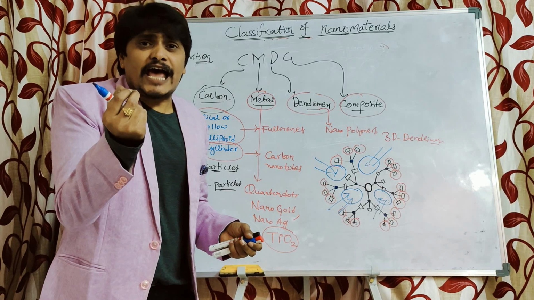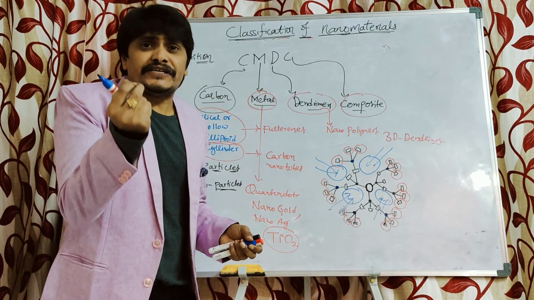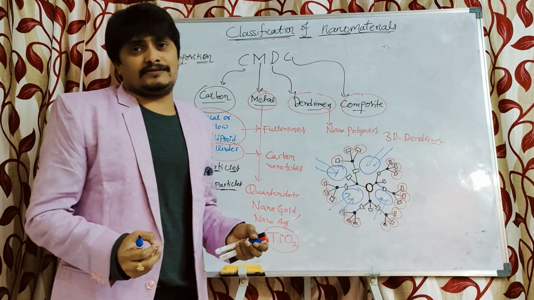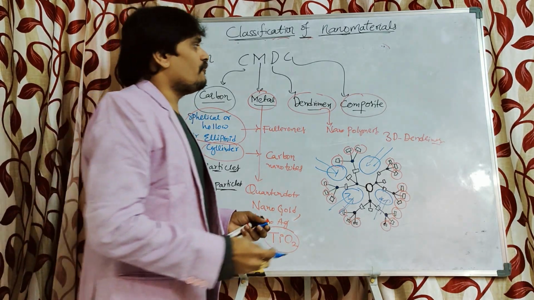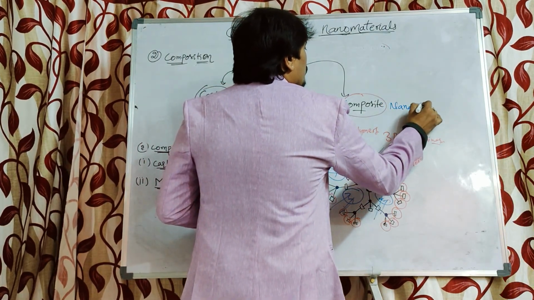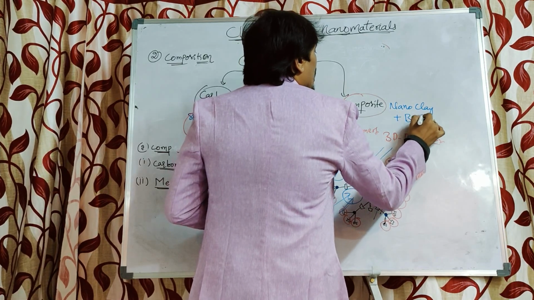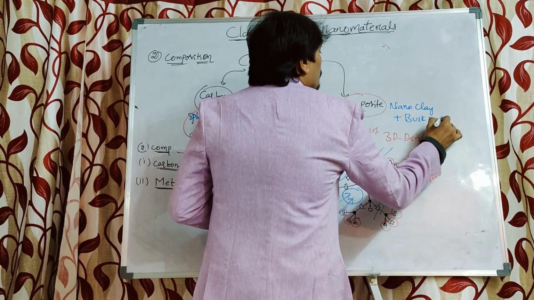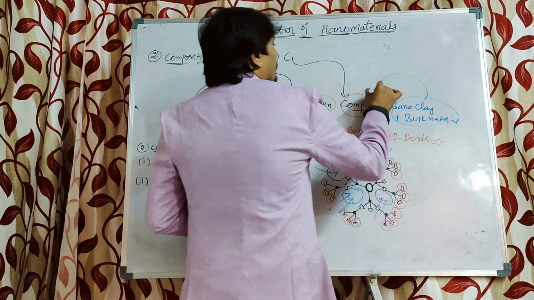So a composite nanomaterial contains a mixture of nanomaterials and bulk materials. For example, nano clay is added to bulk material. Then a composite is formed.